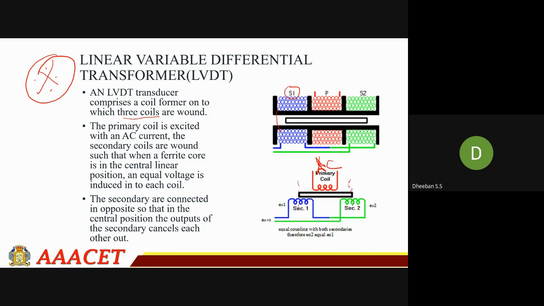At the central position, we are giving about 5 volts. This 5 volts will be equally distributed to the other two coils. The secondaries are connected in such a way that they are opposite to each other, so that at the central position, the outputs of the secondaries cancel each other.